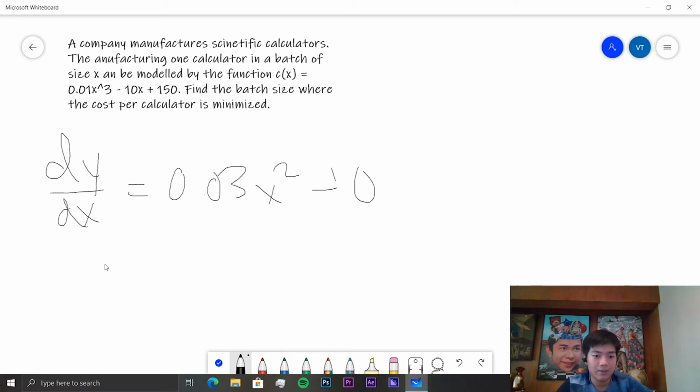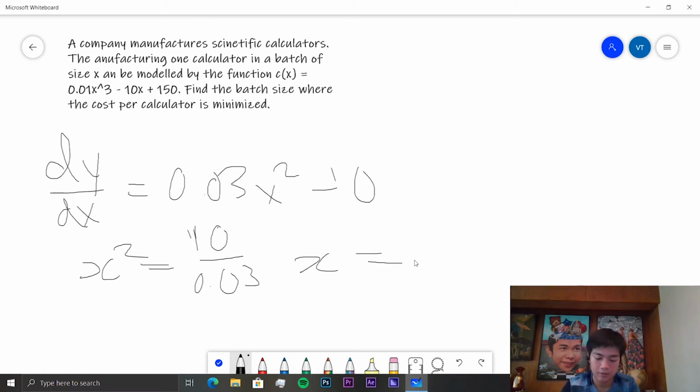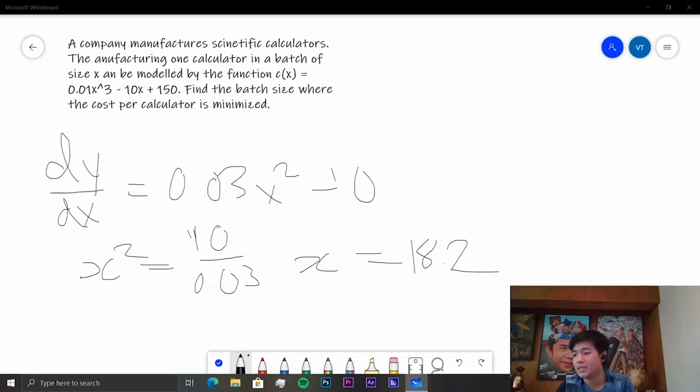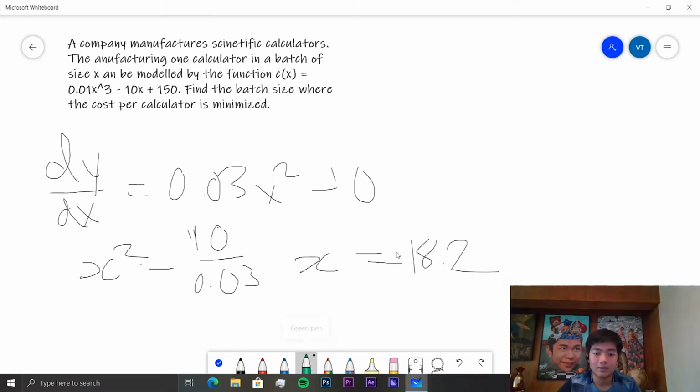Well, we have x squared is equal to 10 over 0.03, so x is equal to the square root of 10 divided by 0.03. So it's around 18.2 calculators, or I think the batch size should be 18 calculators, more or less. So this is the correct answer.